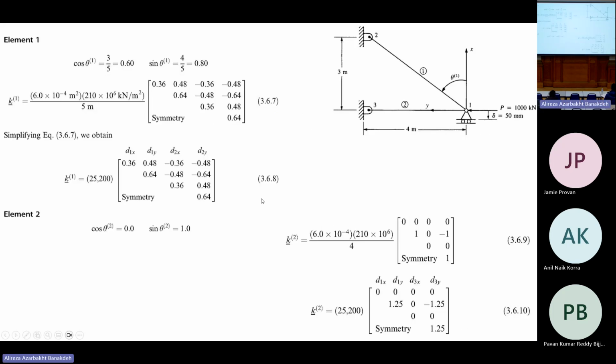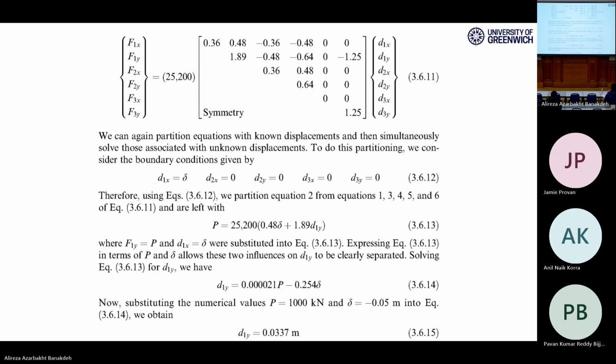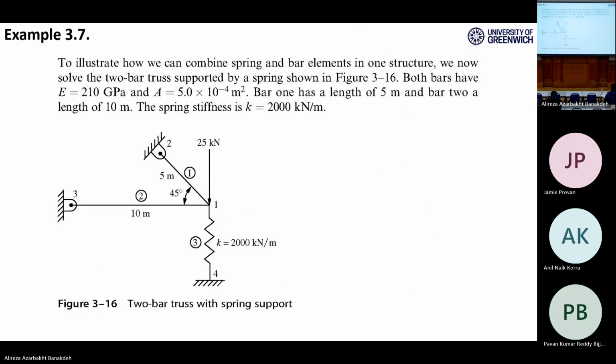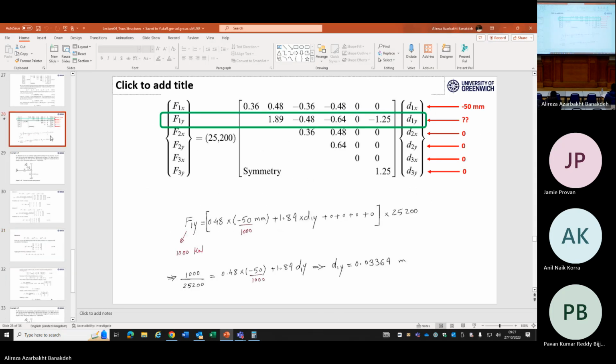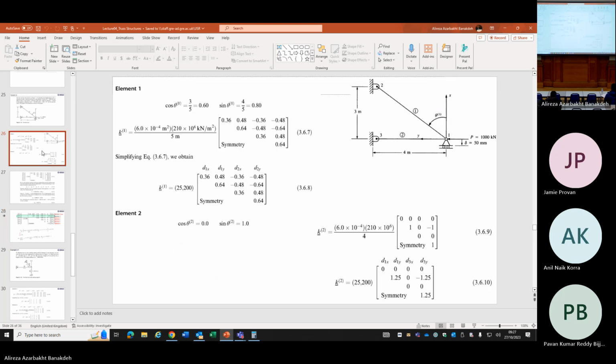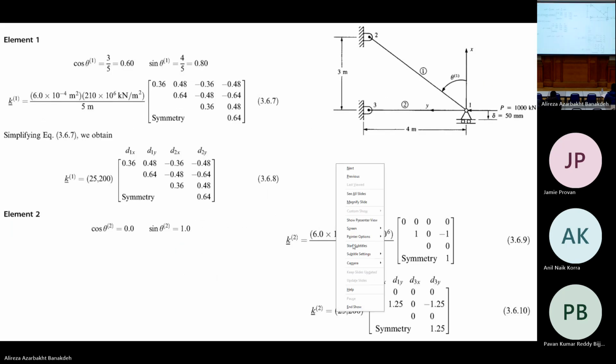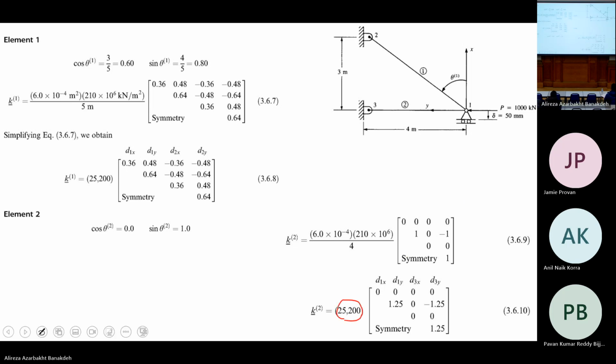For example, suppose that instead of this number, I had 50,400.